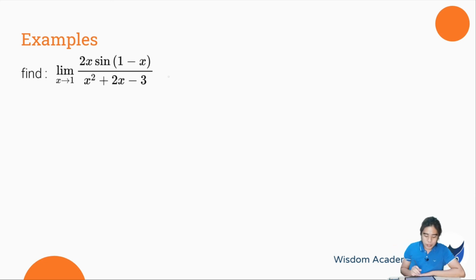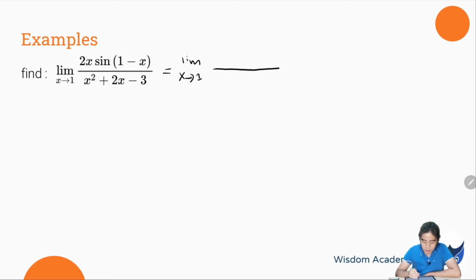Okay, so ganun ulit. We will find the limit of this function as x approaches 1. So, by direct substitution, makakuha tayo dito ng sine 1 minus 1, which is equals to 0. So, magiging 0 lang yung numerator. And 1 plus 2 minus 3 is equals to 0. So, 0 over 0 siya. So, kailangan pa natin siya i-manipulate para hindi na makuha yung indeterminate form. So, limit as x approaches 1.